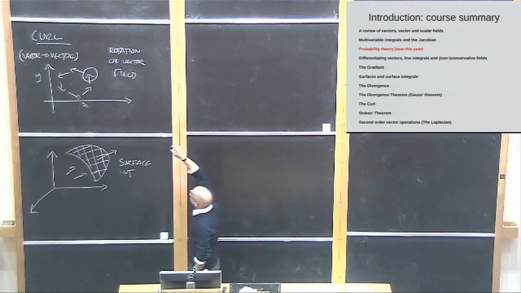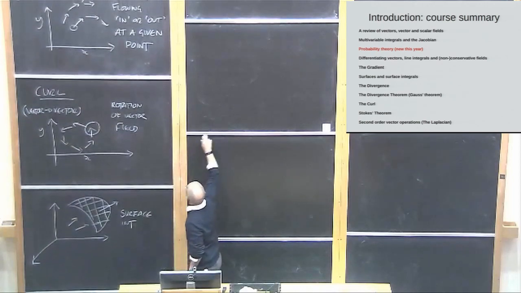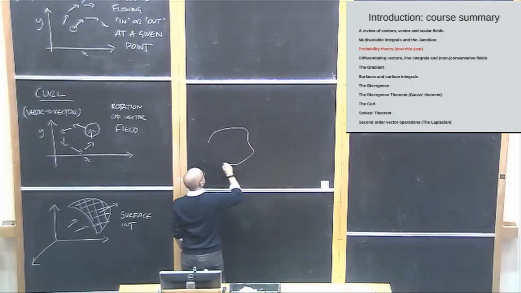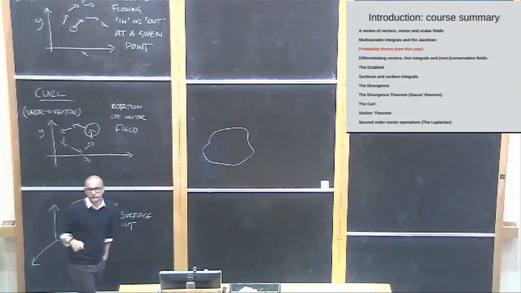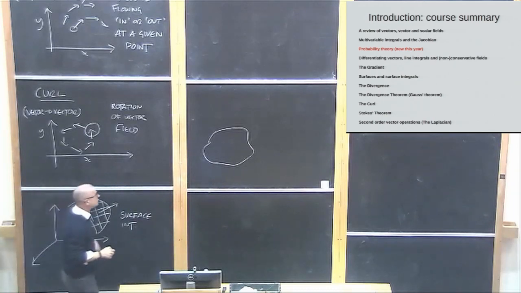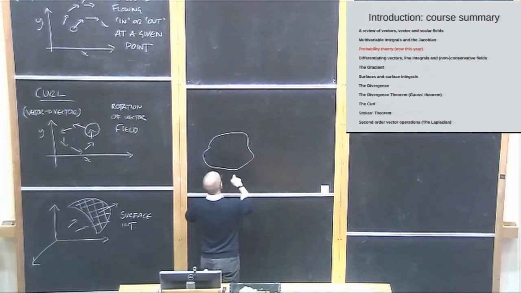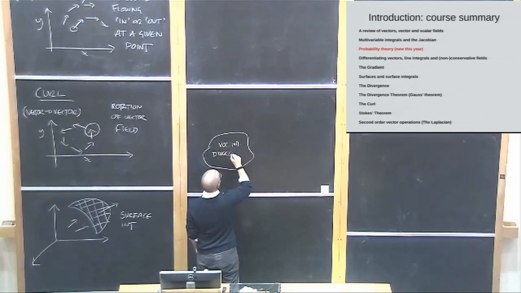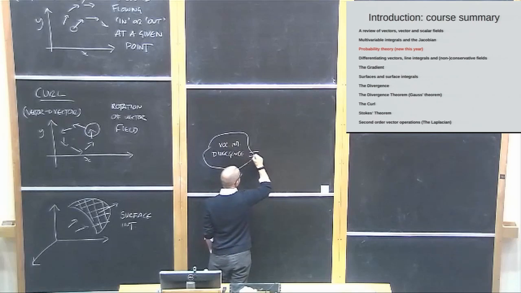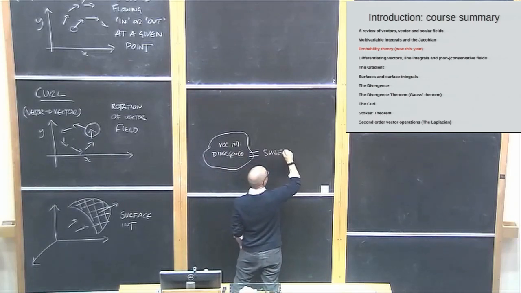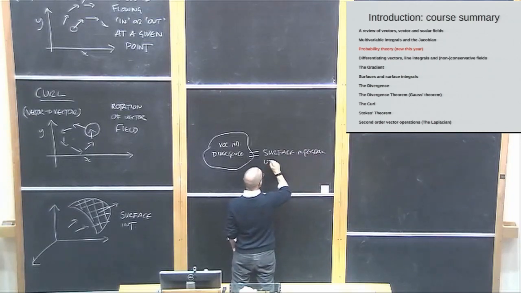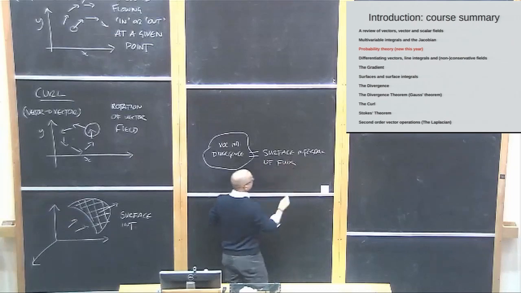The divergence theorem, returning now to the divergence theorem, tells you that if you have a three-dimensional body existing in a vector field, the volume integral of the divergence equals the flux.